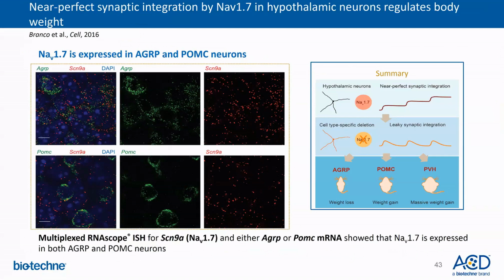Using the multiplex RNAscope assay, the authors were able to show that SCN9A, which is a marker for sodium gated channel, is expressed in both AGRP and POMC neurons. The AGRP is shown in the top panel and POMC is shown in the bottom panel.